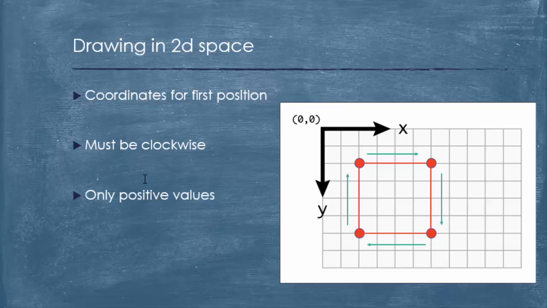This is because DirectX and other APIs would draw the face on the clockwise side. So if I drew this anti-clockwise, the visible face would be on the back, so it would be invisible from here. It's a weird concept to understand unless you put it into practice.